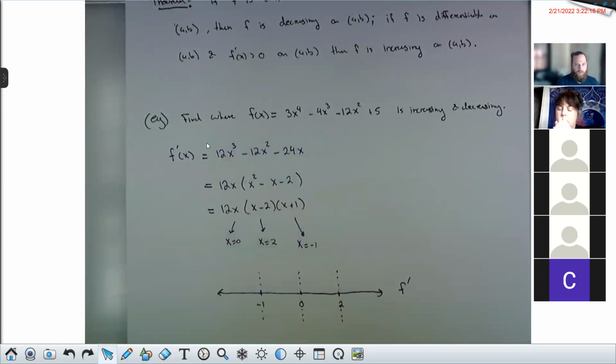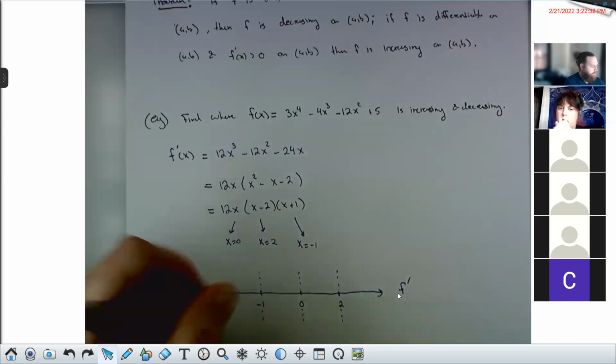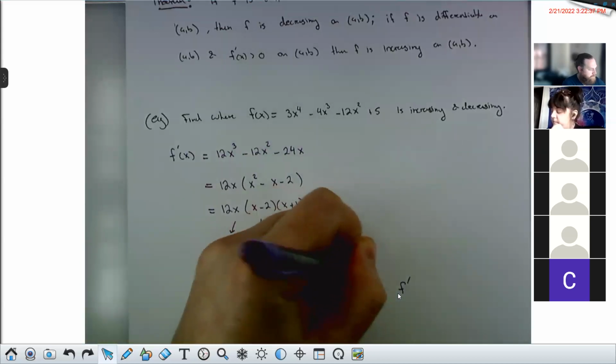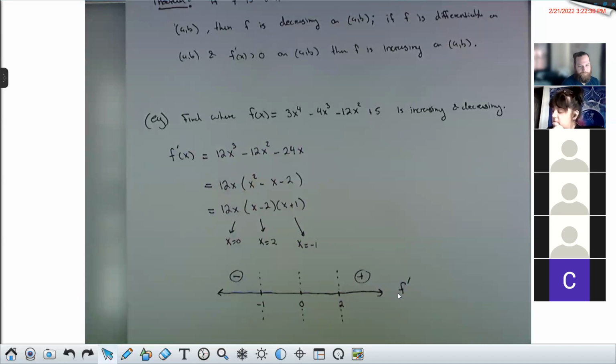If you think about the end behavior for this polynomial, this is a degree 3 polynomial with a positive leading coefficient. That means the end behavior for f prime is down on the left and up on the right. So the end behavior tells me that we're negative over here and positive over here. Then you can use multiplicities to say what happens in between.